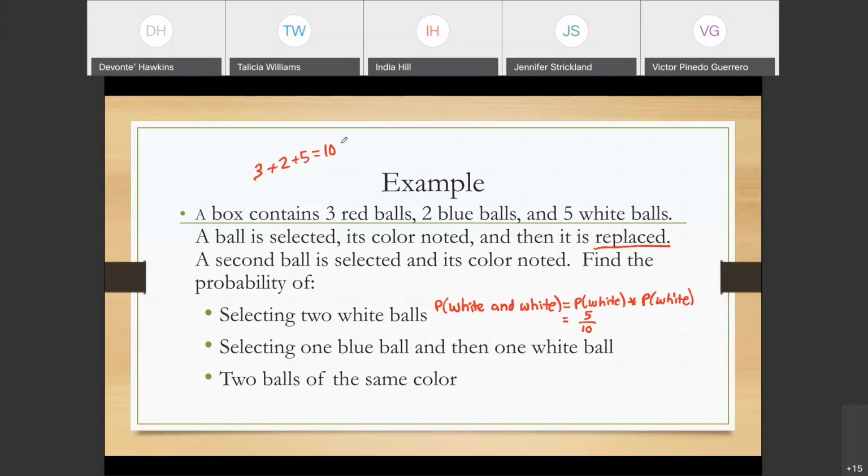And then you picked your white ball, so you're holding it, and note that the problem says you're going to replace it. So you're going to put it back in the box before you reach in for the second ball. When you reach in for the second ball, there are still 5 white balls in there and 10 altogether.